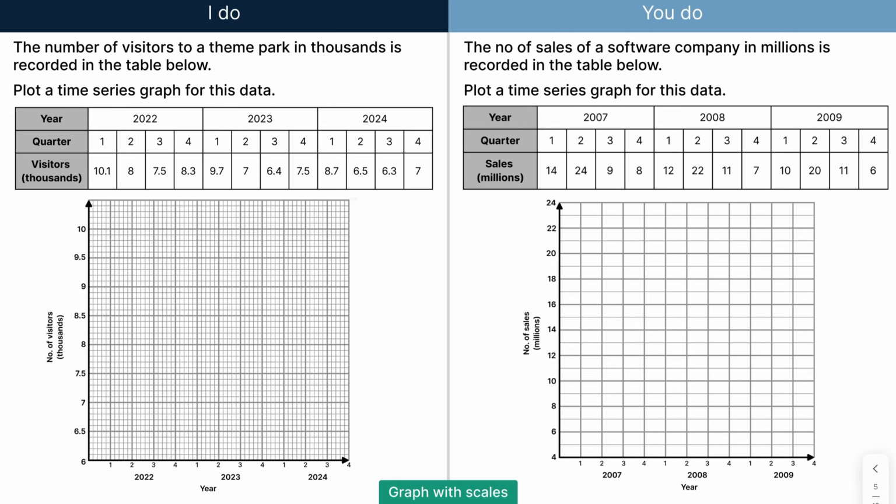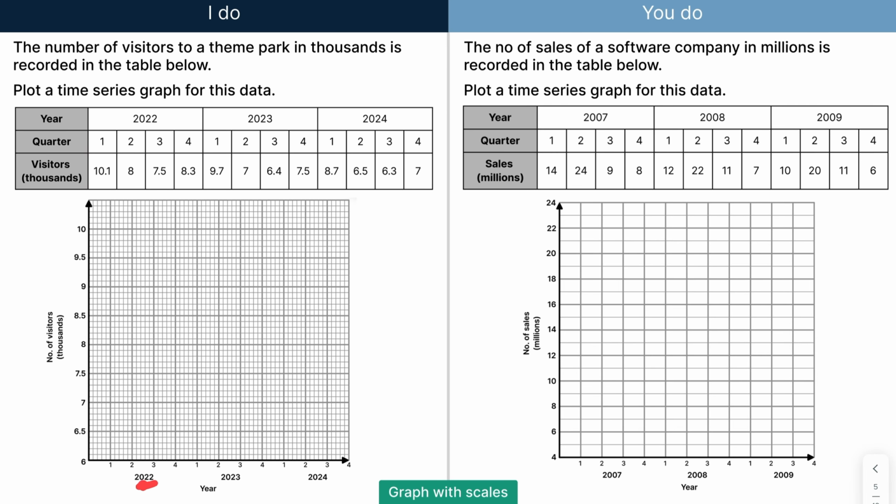Moving on, this might look a little bit scarier because of the table, but it works in the exact same manner. Down here, you've got the quarters. You've got 3 years here, and each year has 4 quarters, and you can sort of see that down here. So 2022 is there, 23 is there, and 24 is there. The first one is for 2022, quarter 1, it's 10.1.